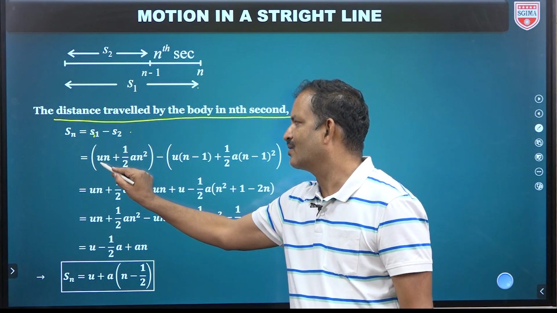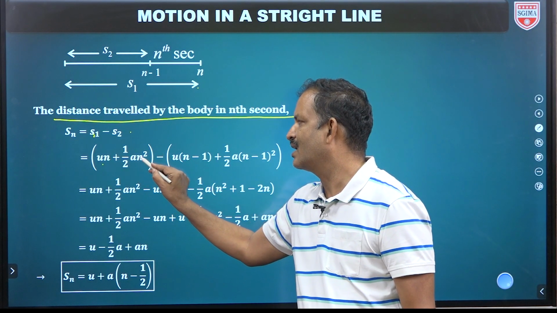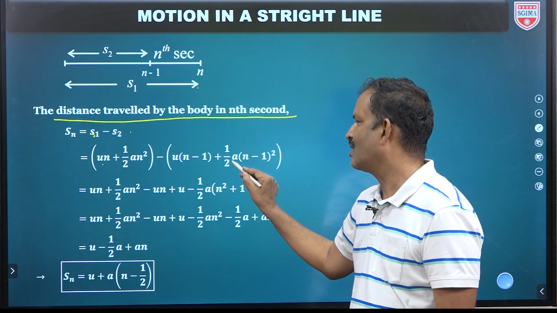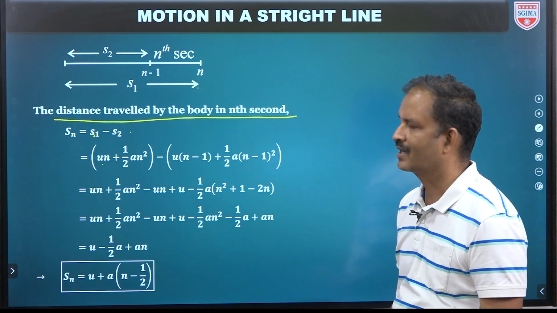S1 we already wrote as un plus half a n square. S2 is u into (n minus 1) plus half a (n minus 1) whole square.